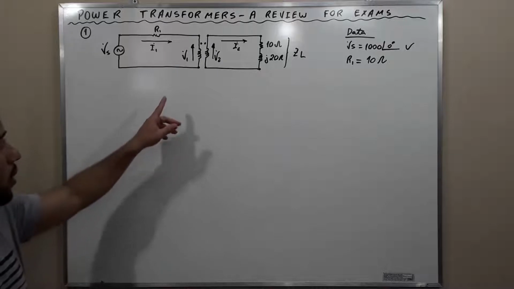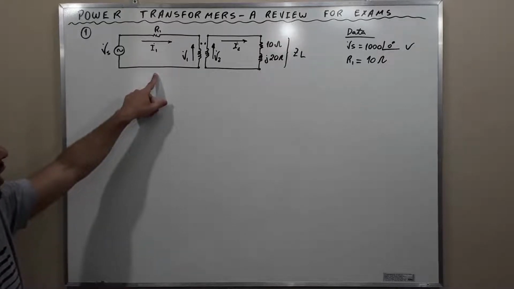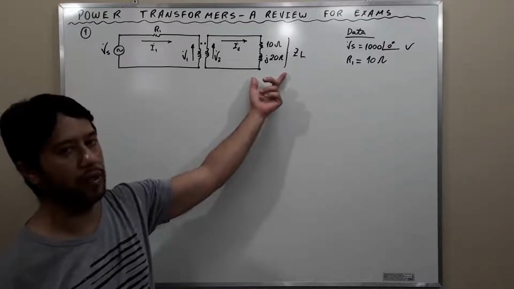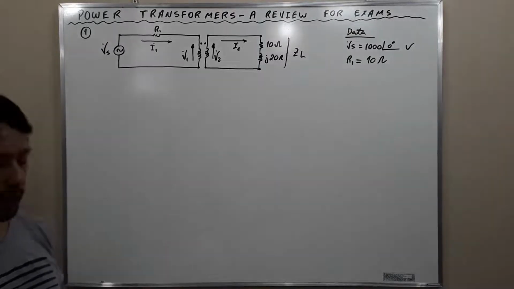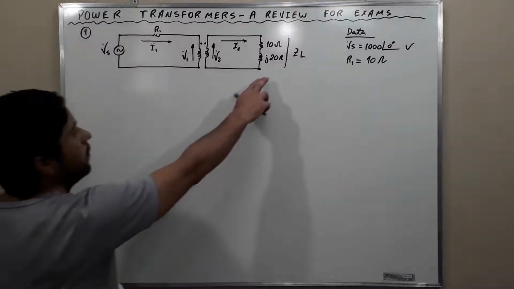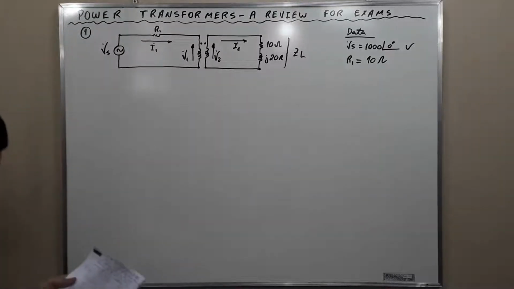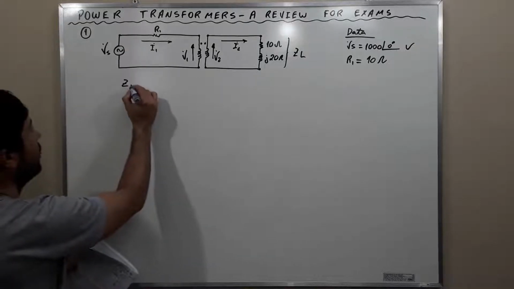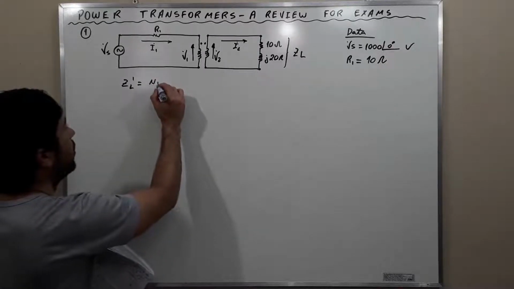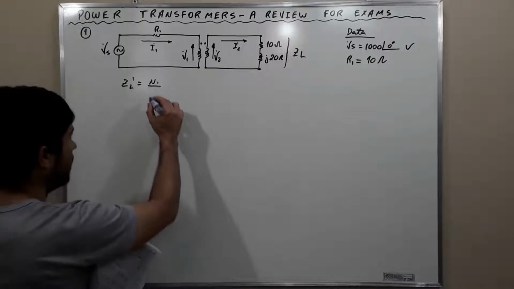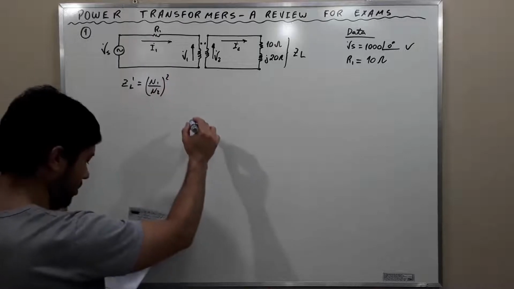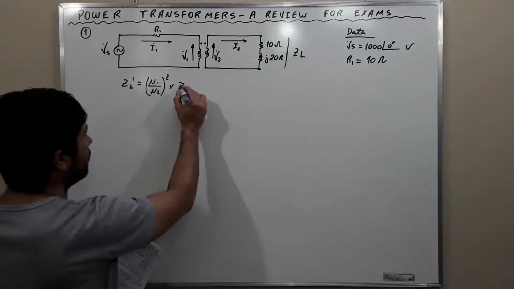Firstly, to calculate the voltages and currents, we have to refer this impedance to the primary side of the transformer. We are going to reflect this impedance to the primary side. It is going to be ZL prime equal to N1 over N2 squared times ZL.